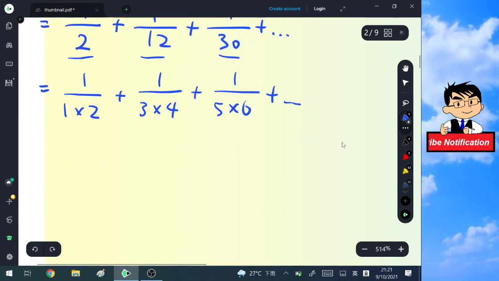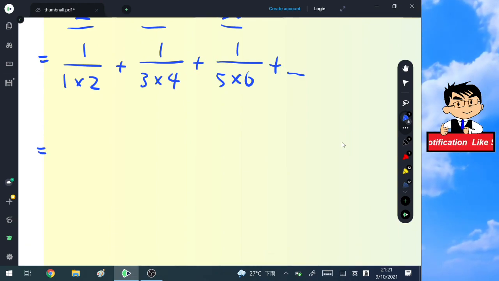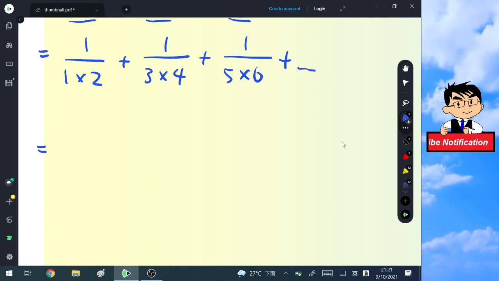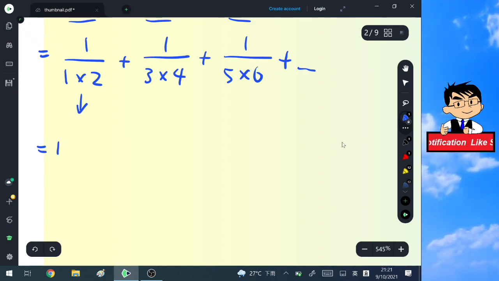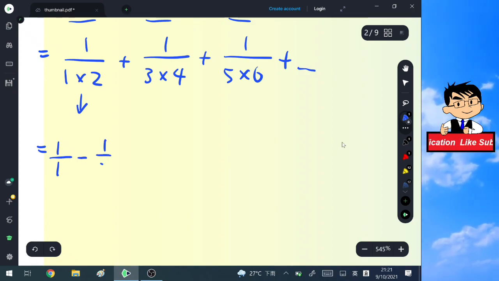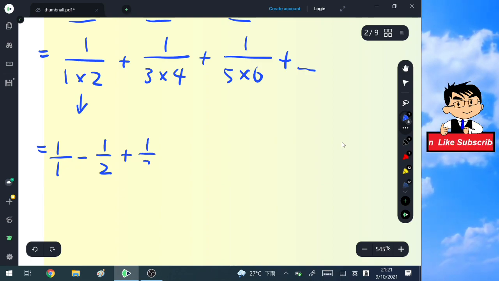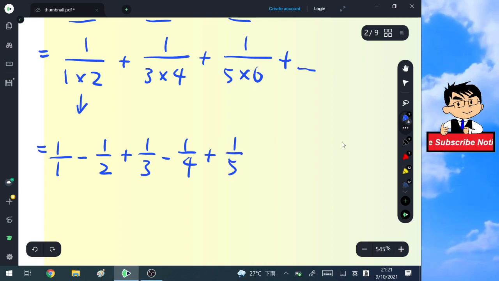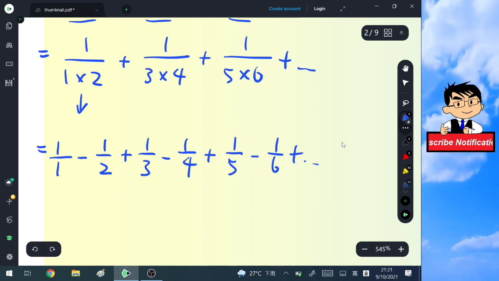For this kind of fraction, we can split the fraction into two parts. For the first one, we can write 1 over 1 minus 1 over 2. For the second one, we can make it 1 over 3 minus 1 over 4, plus 1 over 5 minus 1 over 6, plus so on and so forth.